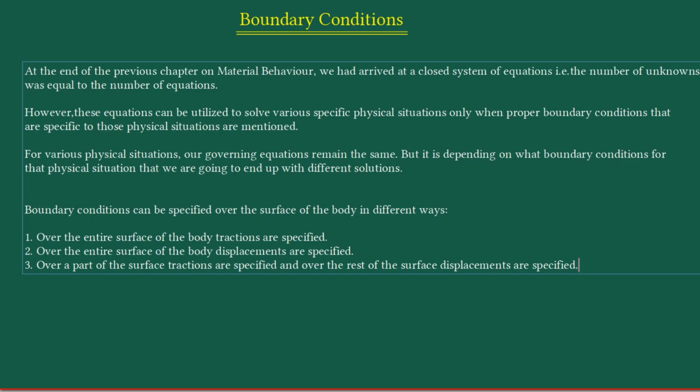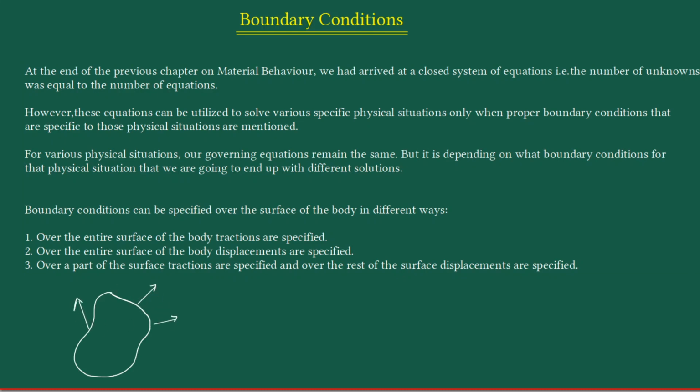Diagrammatically, what is usually done is to represent this in this fashion: suppose we have a general three-dimensional body. These arrows represent various tractions acting on the body. So this is the first case. The second case is where the displacements are specified.